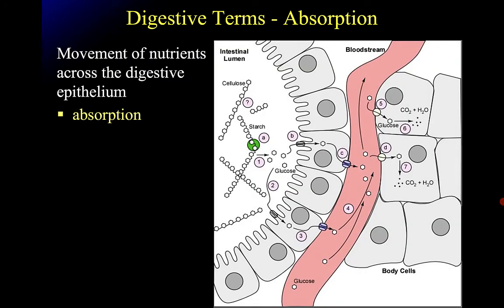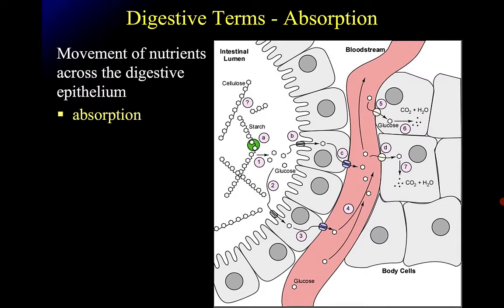Now, of course, once we're done with all of this, we have the process of absorption. We can think about it in this way: those food resources that we eat, that we bring into our body through ingestion, and that through deglutition we move down towards our stomach. And then through that mechanical processing, both in our mouth and in our stomach, as well as in our small intestine a little bit, we're going to be breaking this stuff down small enough that we can then break it down even more through chemical digestion.